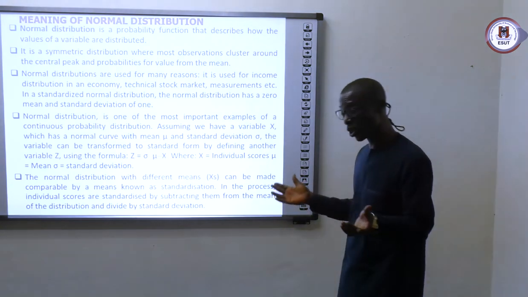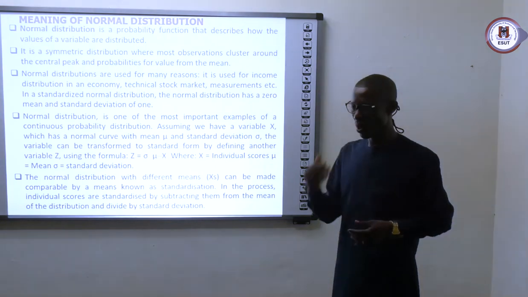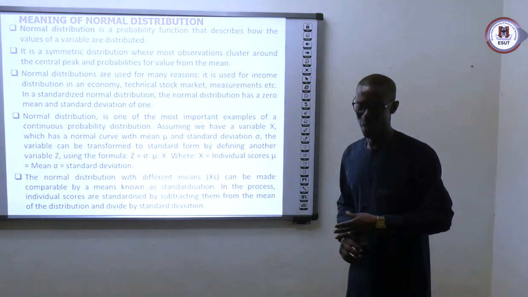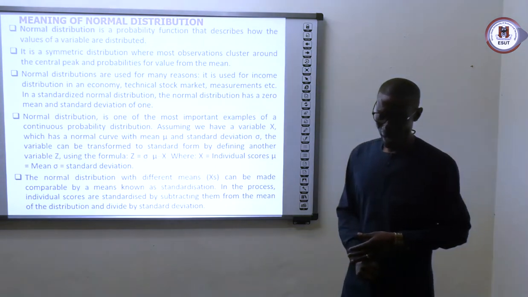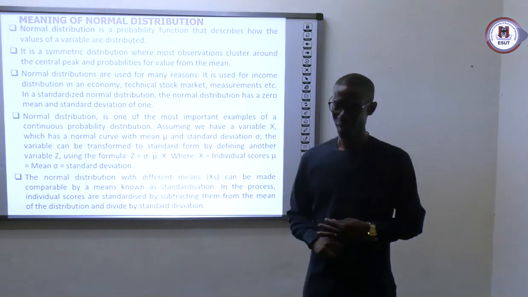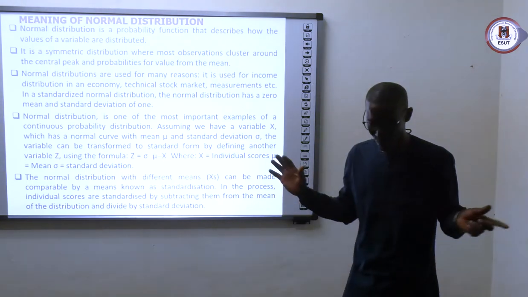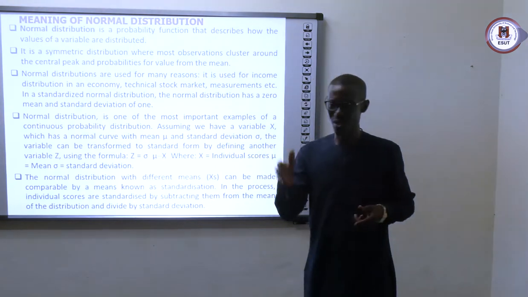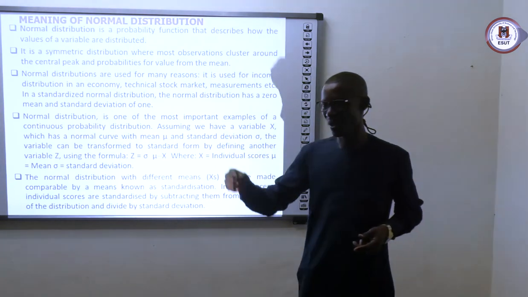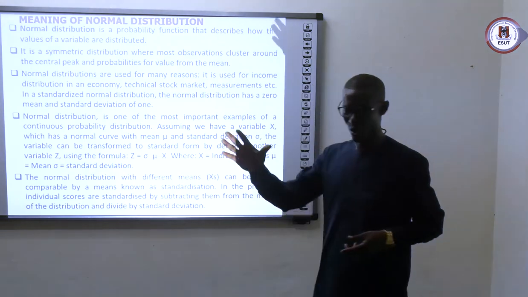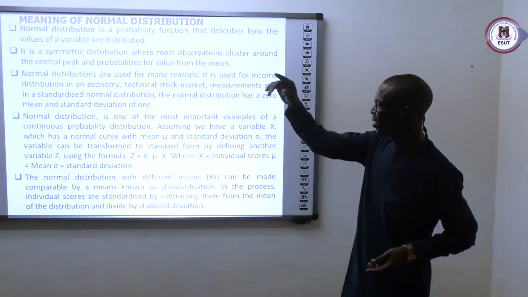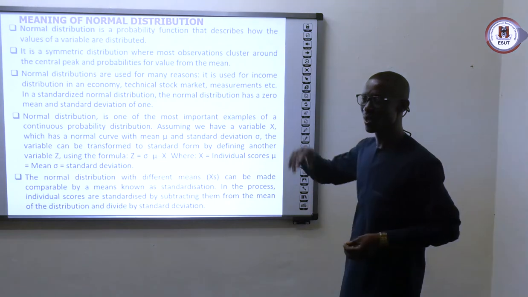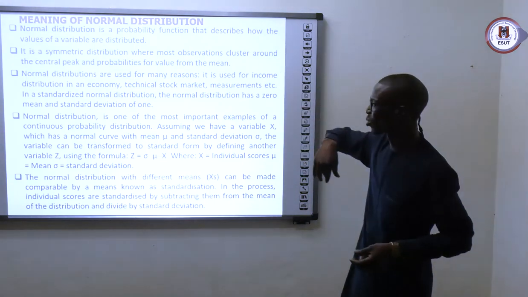And conventionally in statistics, when you say normal distribution, you are talking of zero mean and unit variance. A normal distribution, in the simplest definition in statistics, is a distribution that has zero mean and equal variance, where mu is equal to 0 and sigma square is equal to 1.